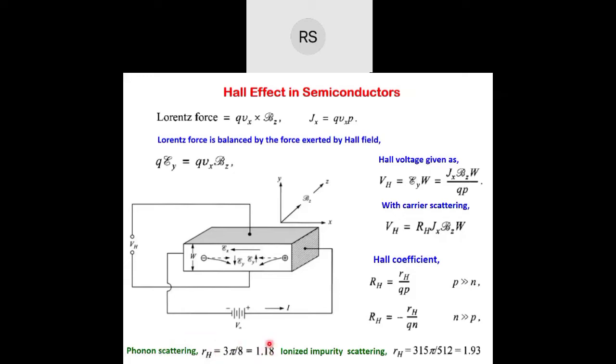So if you are not using this factor correctly, you already have an 18% error in your calculation. If it is ionized impurity scattering, this factor is 1.93, so you have almost 93% error in your calculation of the carrier concentration. If there is an error in the carrier concentration, you will also have an error in the mobility. That's why you have to be careful when doing this measurement to properly consider this Hall scattering factor small rh.